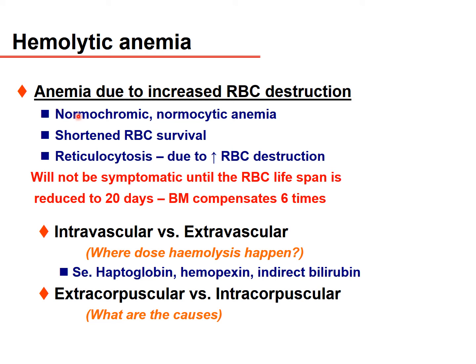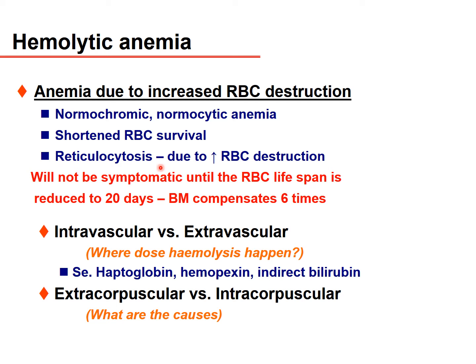Now, what will be the consequence? We usually have a normocytic normochromic anemia. And the red blood cell survival rate is shortening. And due to the hypoxemia, we have an increased production of the erythroid precursors, red blood cells.